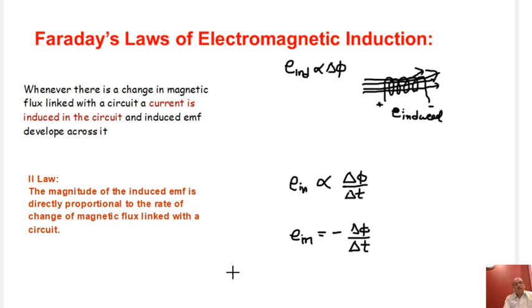So if the magnetic field, the magnetic flux, is changing, there is a production of induced EMF, and the induced EMF is the negative rate of change of magnetic flux.